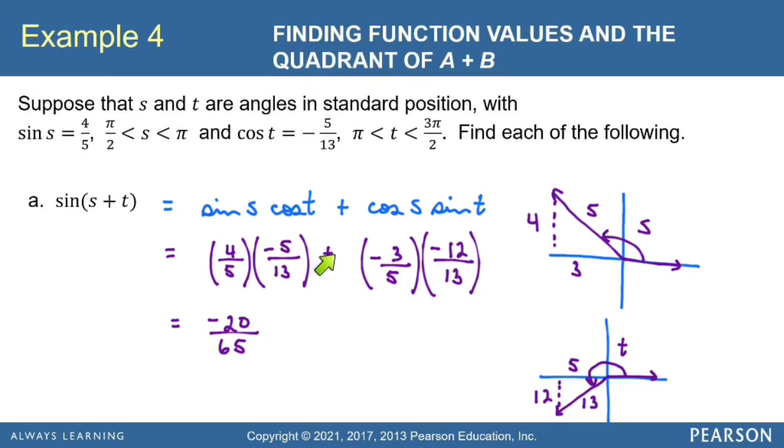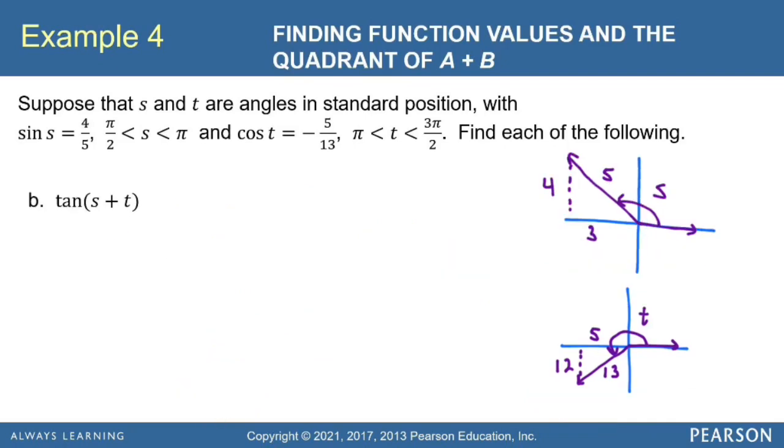So positive times positive will give us a plus sign there in the middle, and then multiplying these fractions, we'll have 36 over 65. Now, to add, we notice that they have a common denominator, which is great, and all we have to do is add negative 20 plus 36. That gives us 16 for the top and still 65 for the denominator. So the sine of S plus T is 16 over 65.